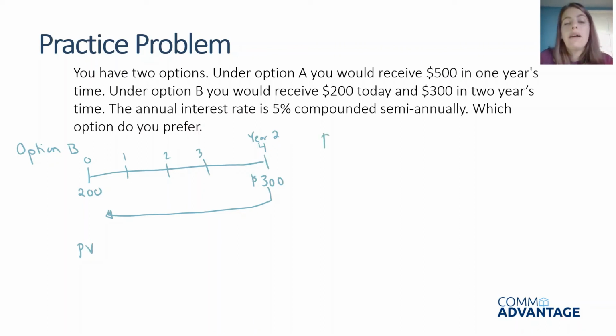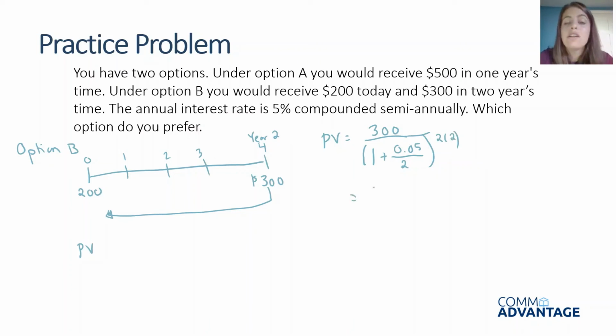So for the present value of that $300, we're going to take that 300, the future value, and divide by, again, 1 plus whatever that annual interest rate is, so that 5%, divided by, well, how many periods are in a year in this problem? It's semi-annual, so it's 2. How many periods per year? 2. And how many years? 2.